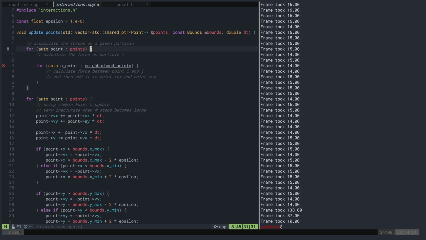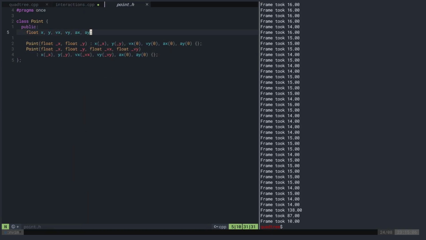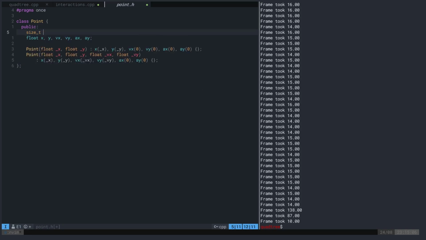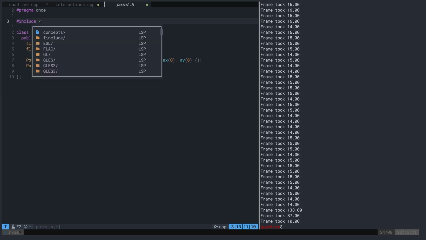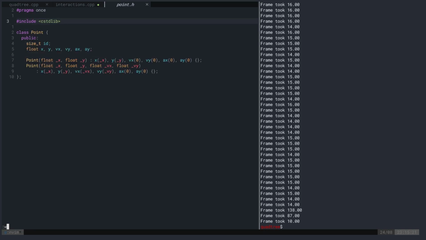But in our loop like this, we actually have no idea what those indices are because this neighborhood is coming from our QuadTree, and those particles could be randomly situated. So what we need to do first is to actually add an index parameter to our point. I think this needs the C standard library, right?